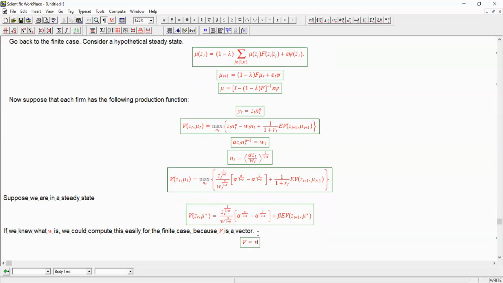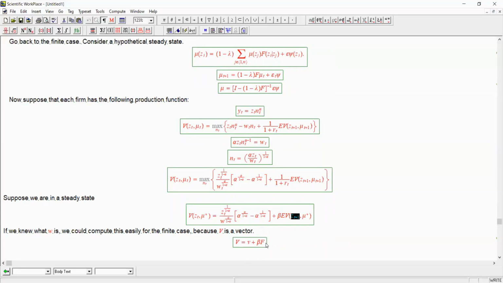Let's just call it little v, plus beta. And what's the expected value here? Well, it's just f. That's what we're using to get our expected values from. Given some value of z, this adds up over the probabilities of each of the possible future z's.